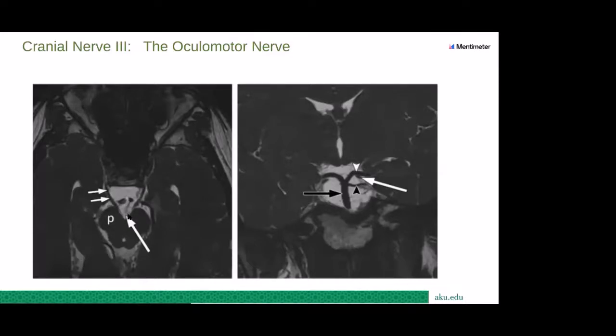And how to evaluate the oculomotor nerve at the level of the brain stem and at the level of the interpeduncular cistern. It's very important to detect on the MRI, because if you are looking at any pathology of the oculomotor nerve, then if you are searching at the level of interpeduncular cistern, you can easily find the oculomotor nerve.